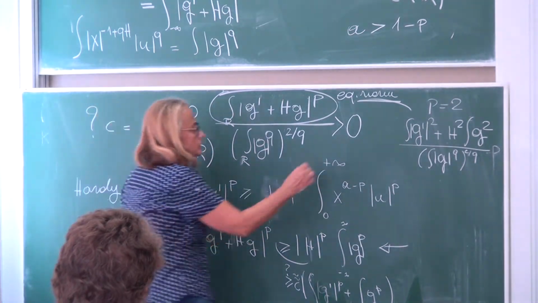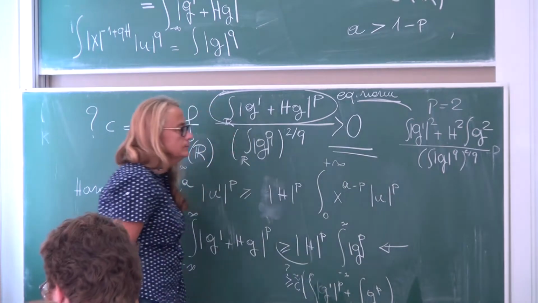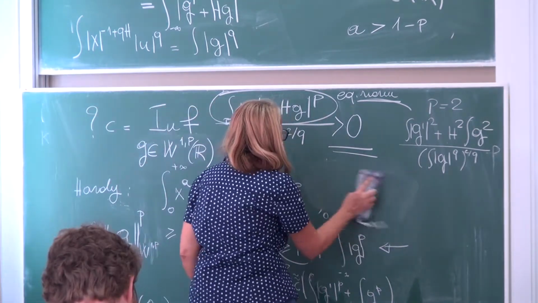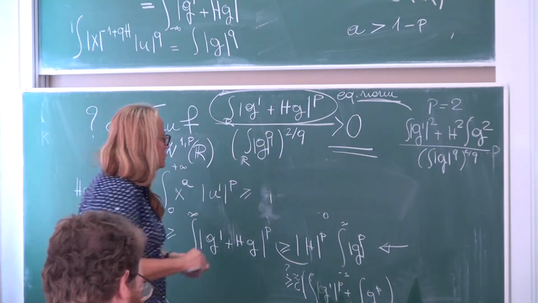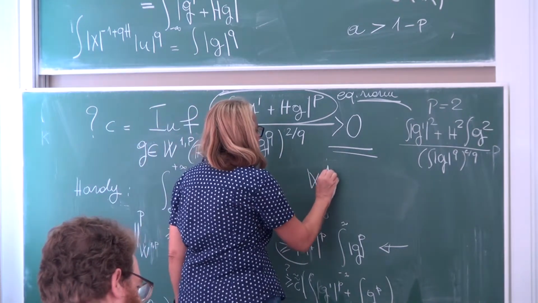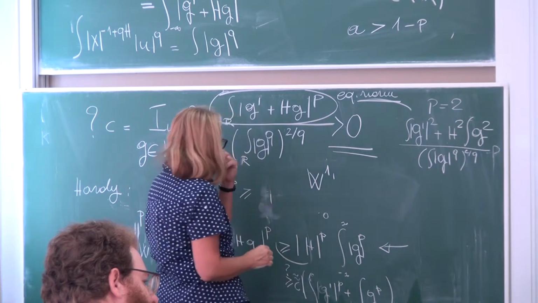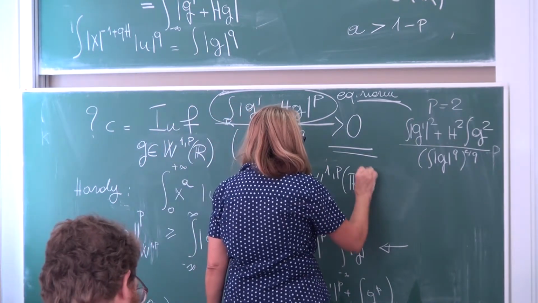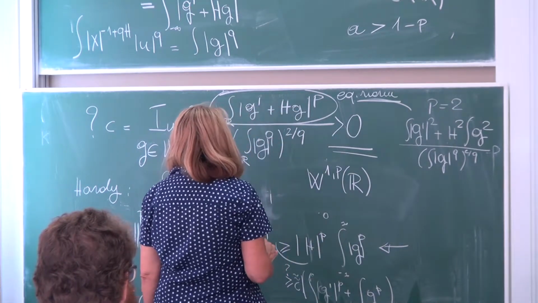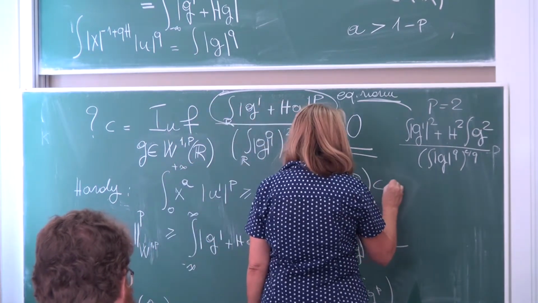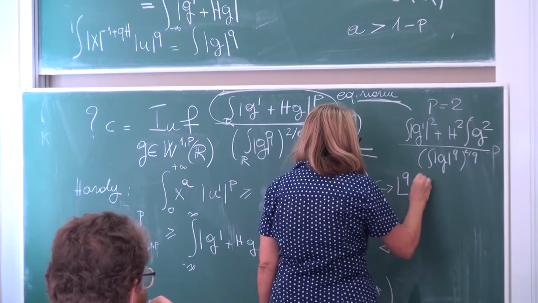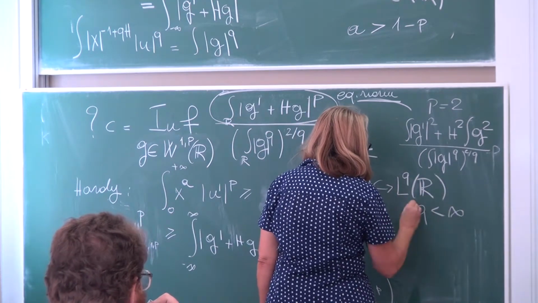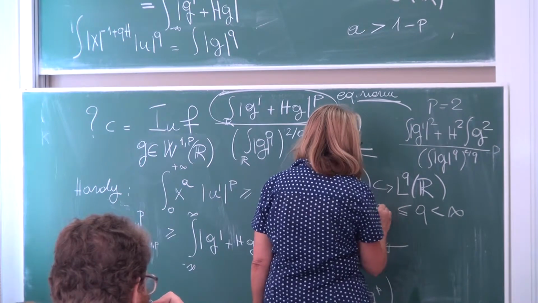And so this is positive simply because you know that the space W^{1,p} of R is embedded in L^q of R for any q smaller than infinity and greater or equal than p.